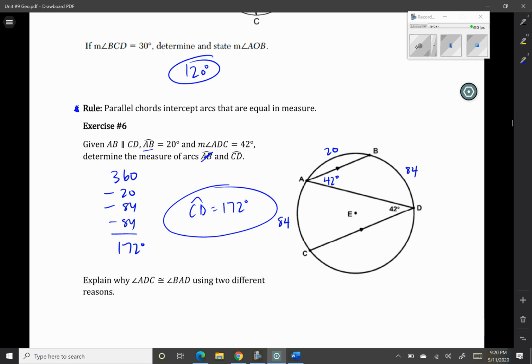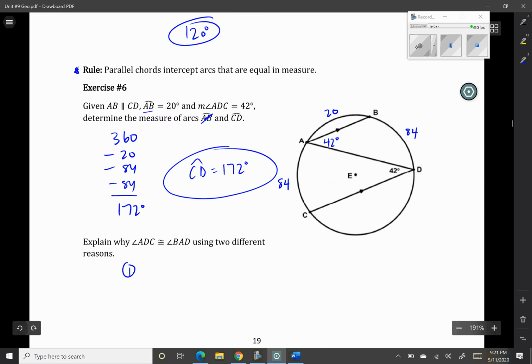It then says, explain why angle ADC is congruent to angle BAD. We can say they are alternate interior angles. Or we can say they are angles that are inscribed to congruent arcs.